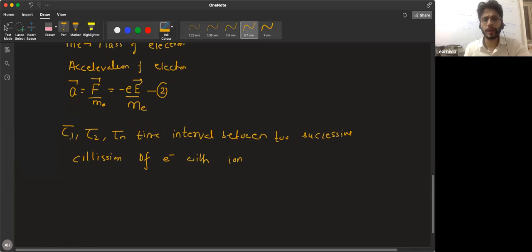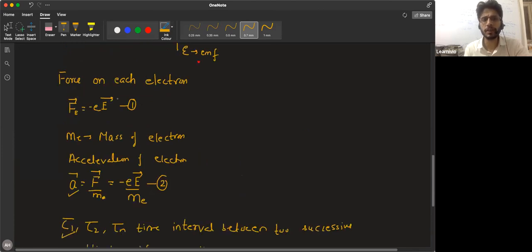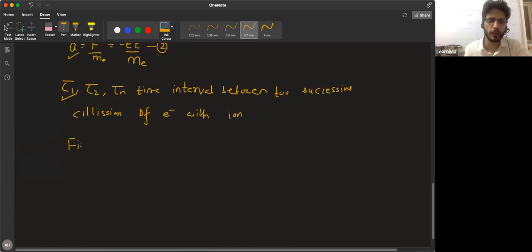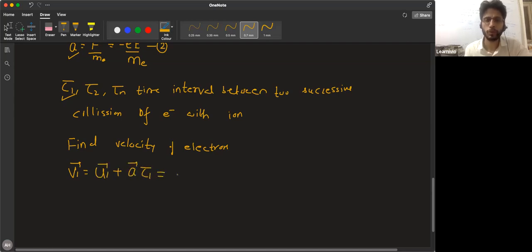So you have time, you have acceleration, you have the initial velocity. We can calculate the final velocity of electrons. For the first electron, the final velocity is V equals U plus at. It's U1, and how much is a? It's eE by m, into tau 1.